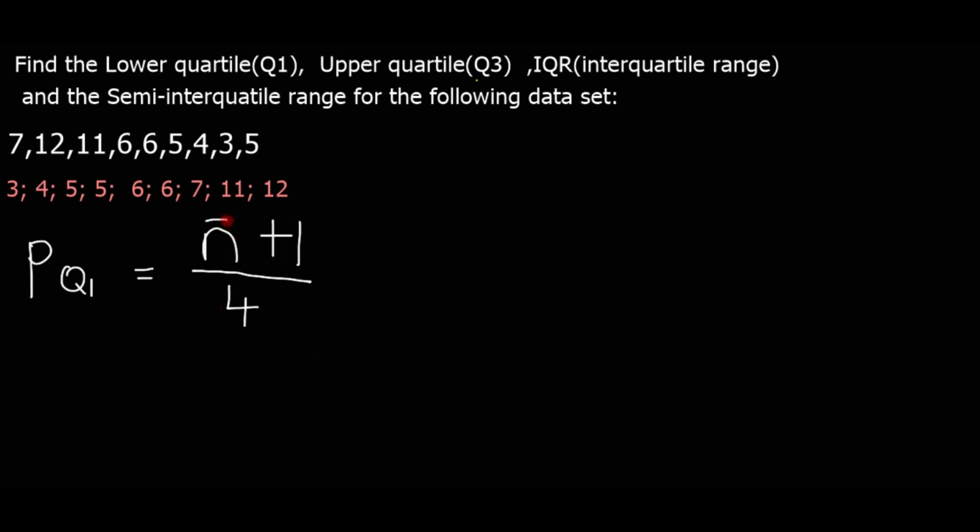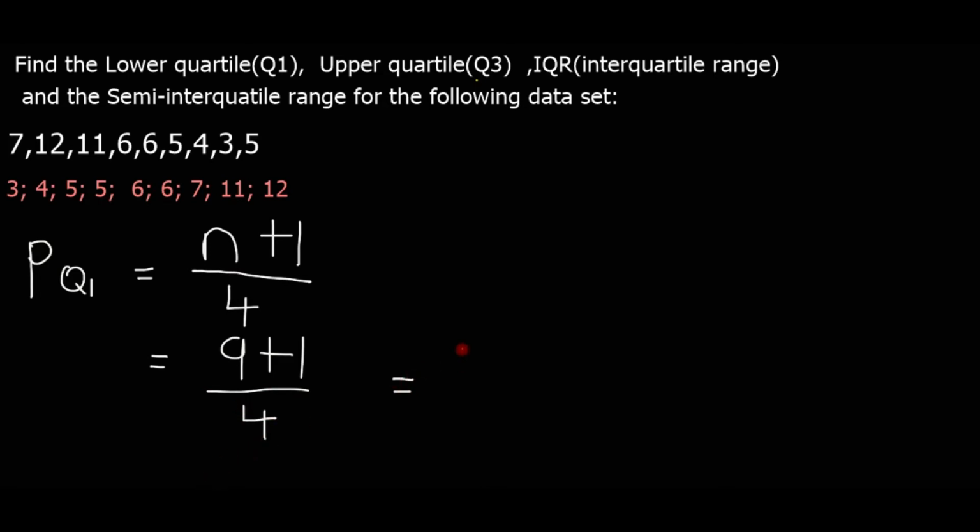So this n is the number of values in our data set. We check how many numbers there are: 1, 2, 3, 4, 5, 6, 7, 8, 9. So n is 9. Then we have 9 plus 1, and then divide by 4.